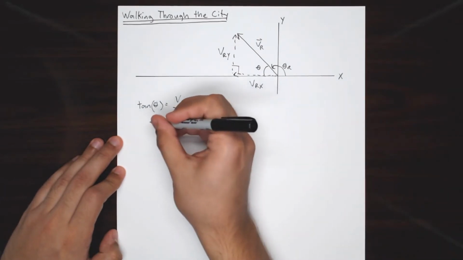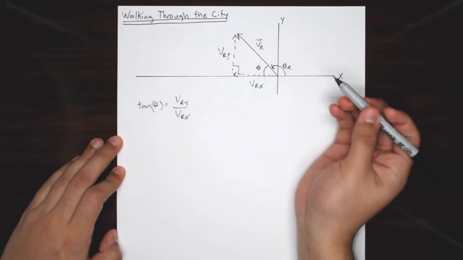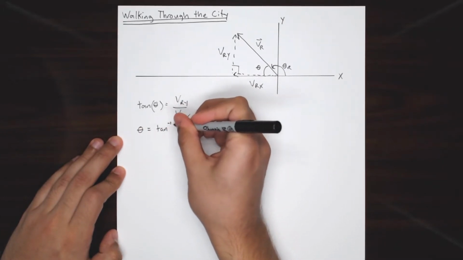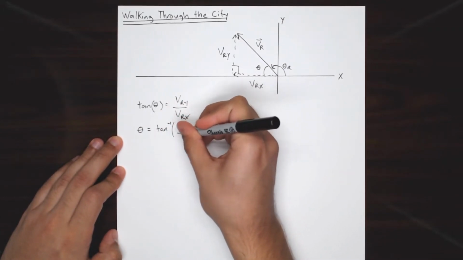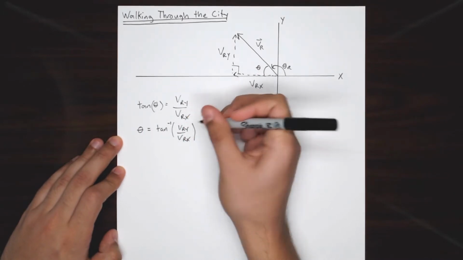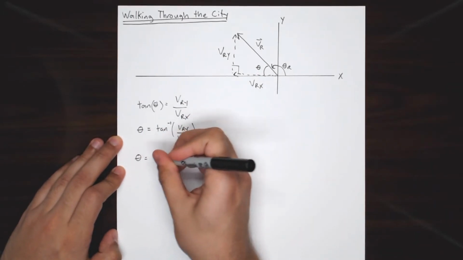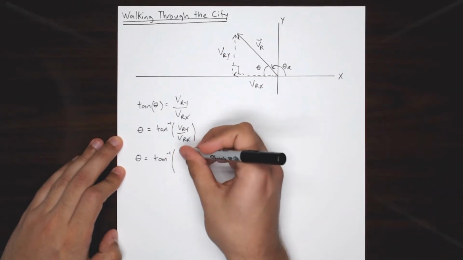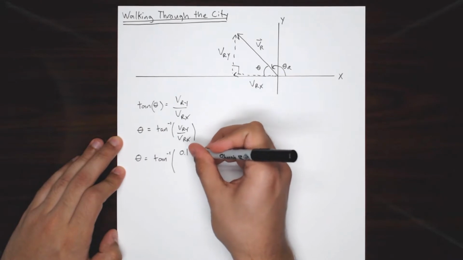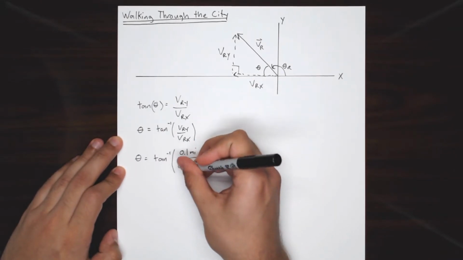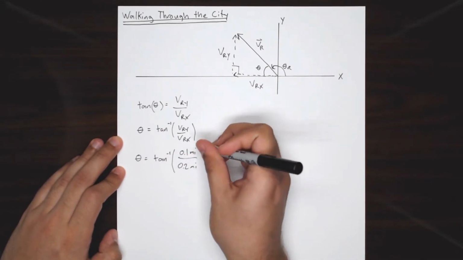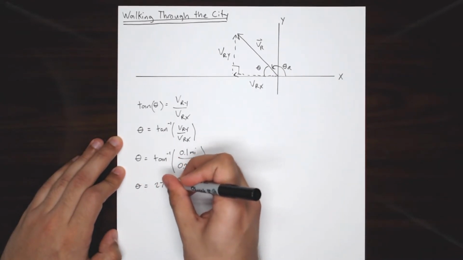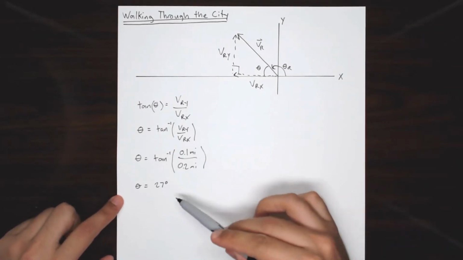So with that expression, we can now do the inverse tangent of both sides. On the left-hand side, the inverse tangent and the tangent will cancel out, leaving just the angle. On the right-hand side, we will have the inverse tangent of VRY over VRX. We can now plug in the numbers. VRY is going to be 0.1 miles, and VRX is going to be 0.2 miles. And so that angle will come out to be 27 degrees.